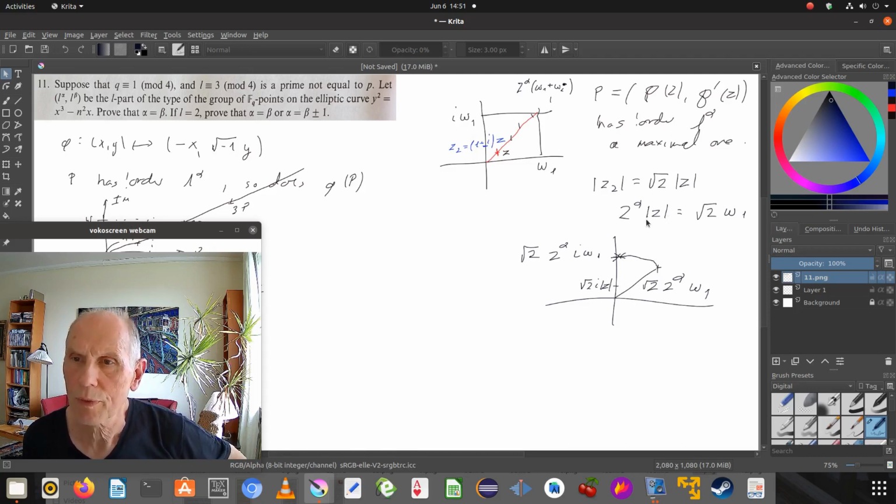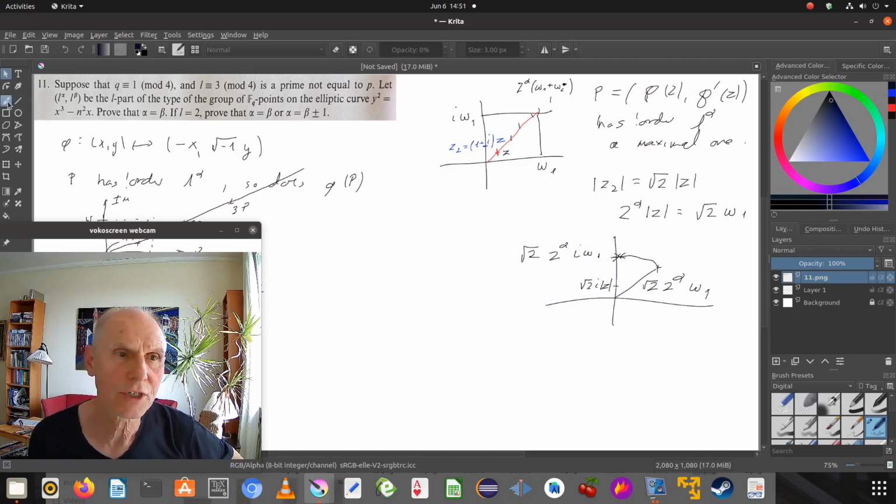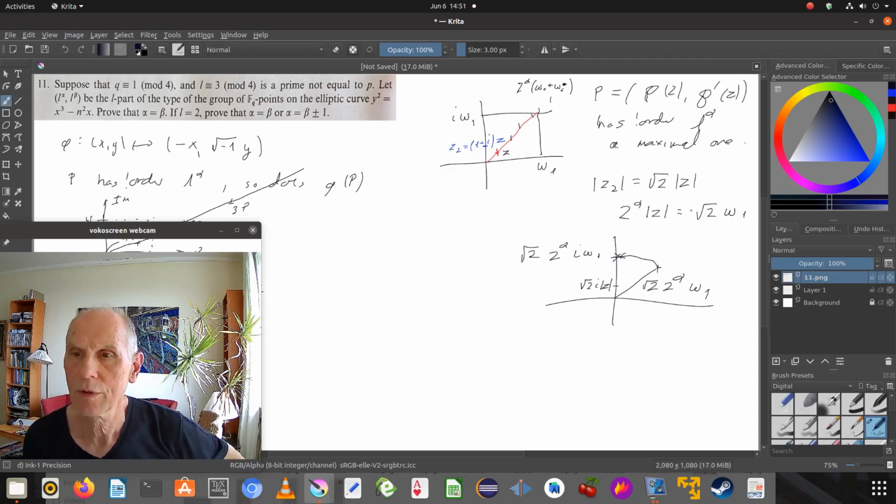Two alpha times Z equals an integer, some integer, may be any integer.